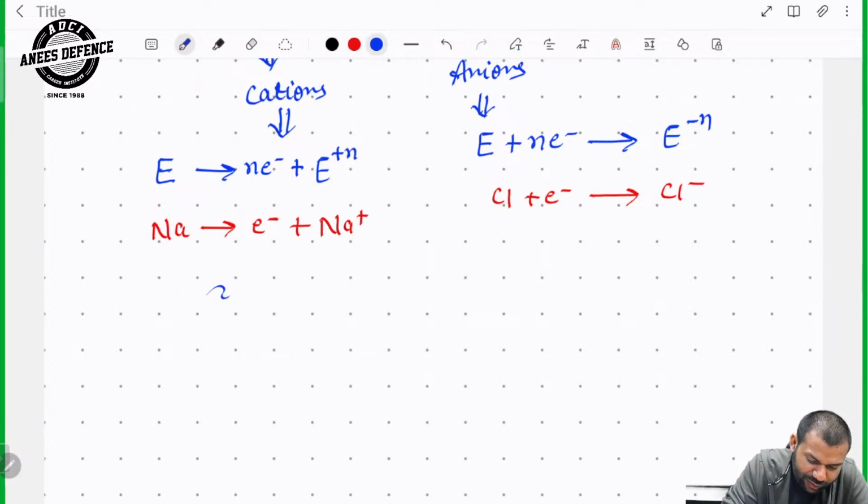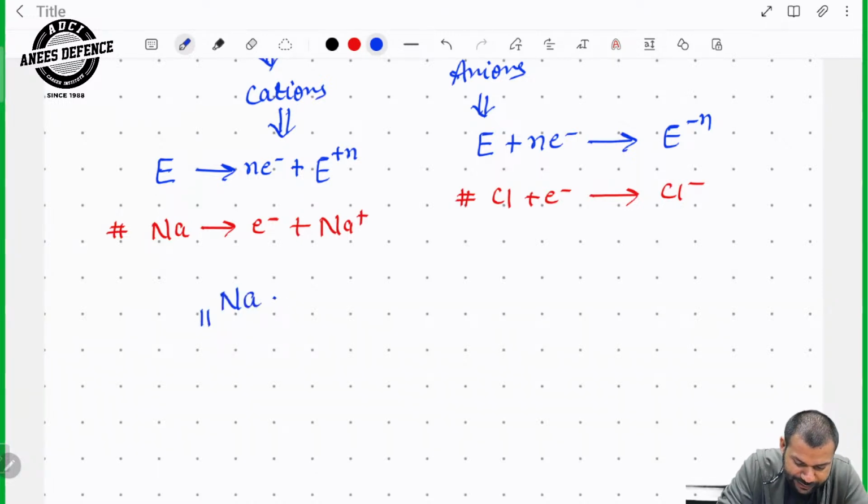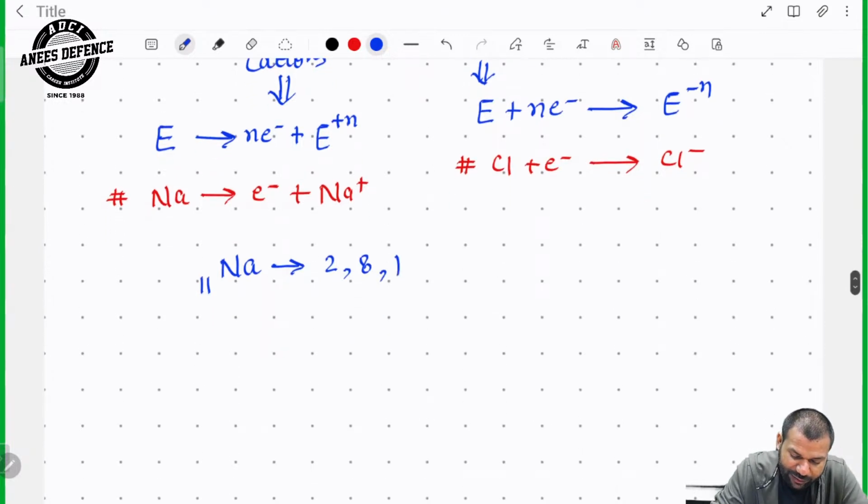So if I write here the condition for sodium atom, we have sodium with atomic number 11, and its electronic configuration is 2, 8, 1, right? And if I write here sodium Na plus, what will be the arrangement of sodium Na plus? If we go by a chemical reaction, let me write it in this way.